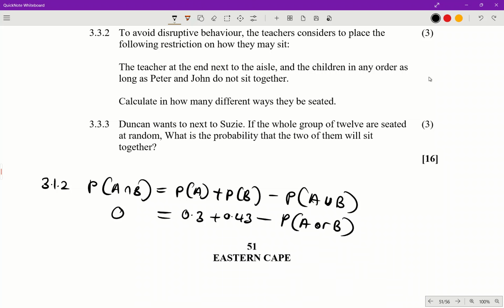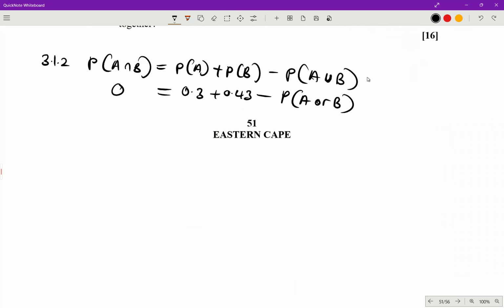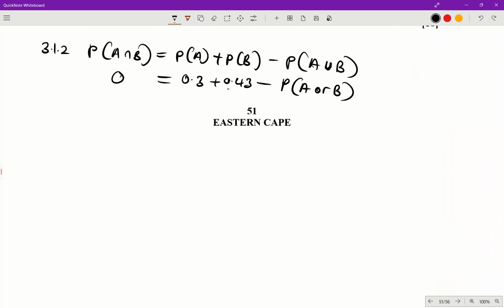You don't have an intersection there, guys, that's why I said 0. So the probability of A or B is 0.3 plus 0.43, which is 0.73. So this is your answer there.